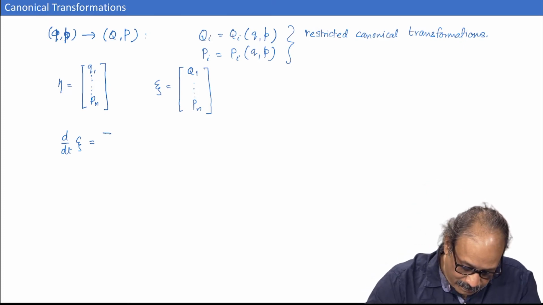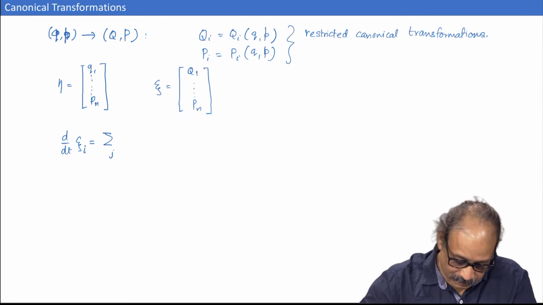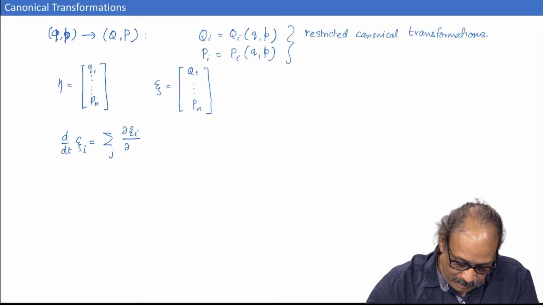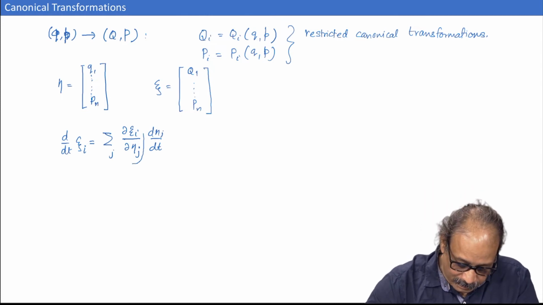So, this would be sum over j. So, I will take one component of that matrix, one element of that matrix. So, this will be partial derivative of xi i with respect to eta j and then d eta j by dt, okay.